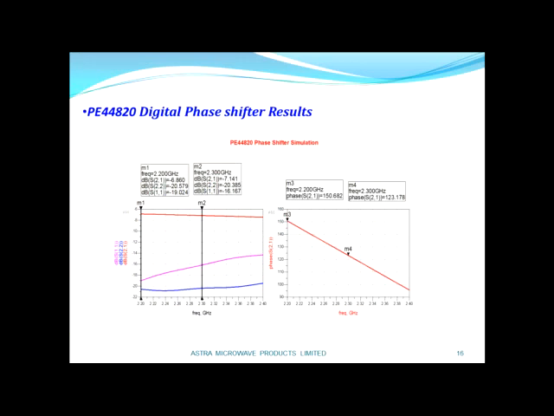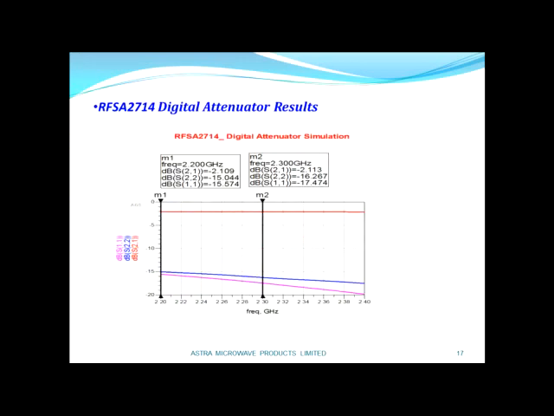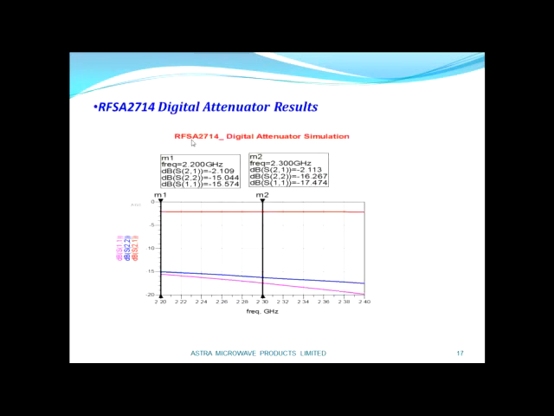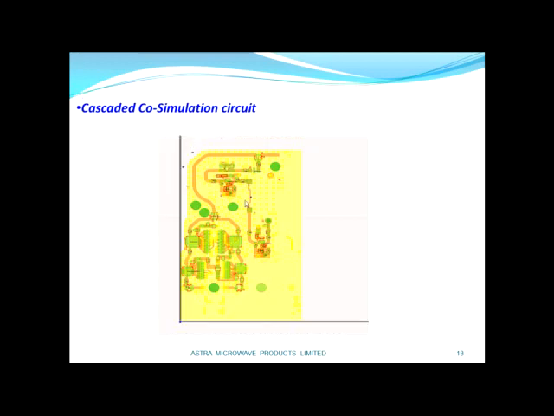Then once all the individual component simulations were over, I did a cascaded co-simulation, because this is much more important than doing individual components. But my concern is, in case something is missed, because of a track impedance mismatch or a mismatch in a component or something else.